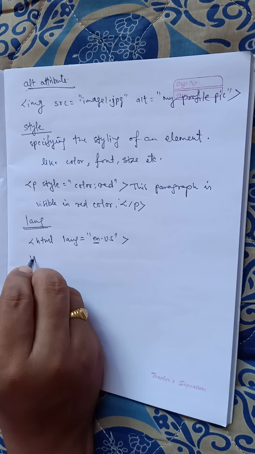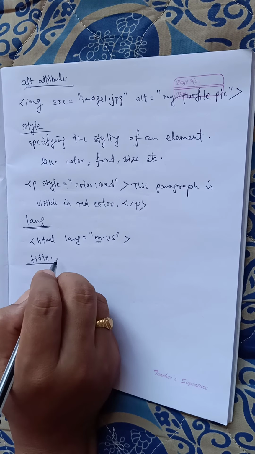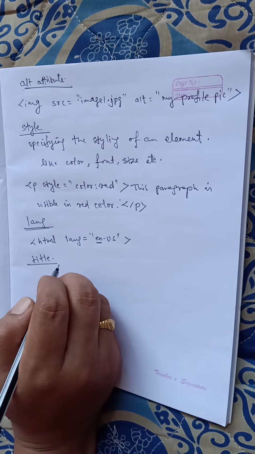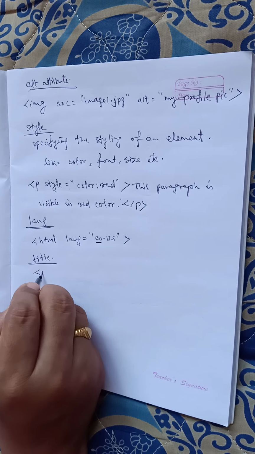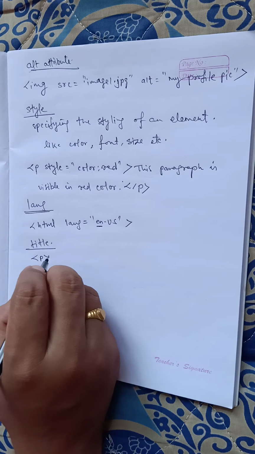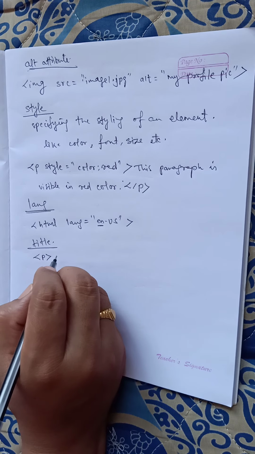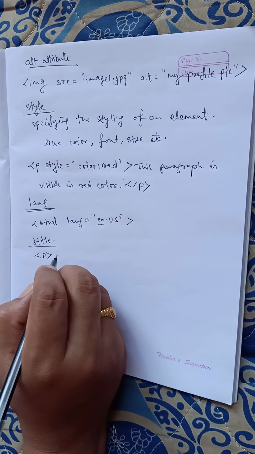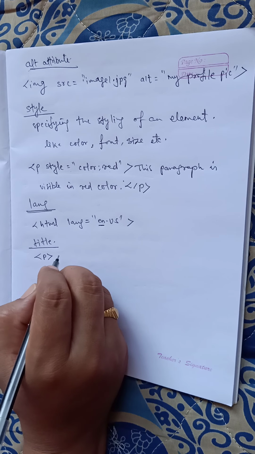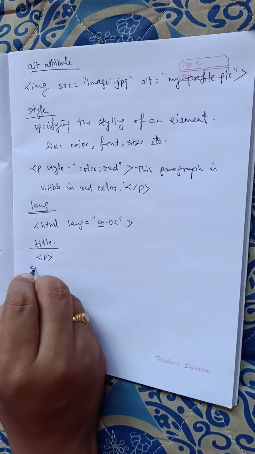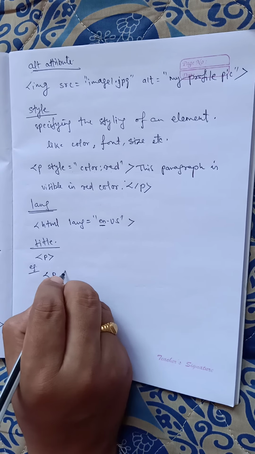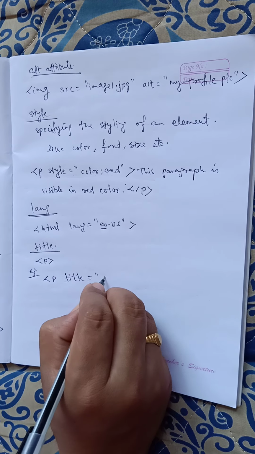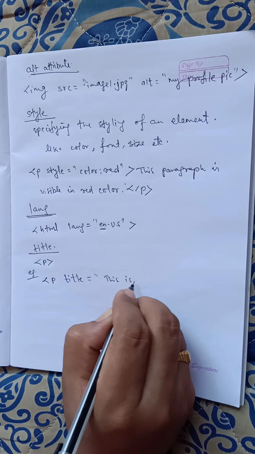Now coming to my title attribute. A title attribute is added to a P element, that is the paragraph element. The value of the title attribute is displayed as a tooltip when you mouse over the paragraph. So my example is P, I can mention the title like this is.